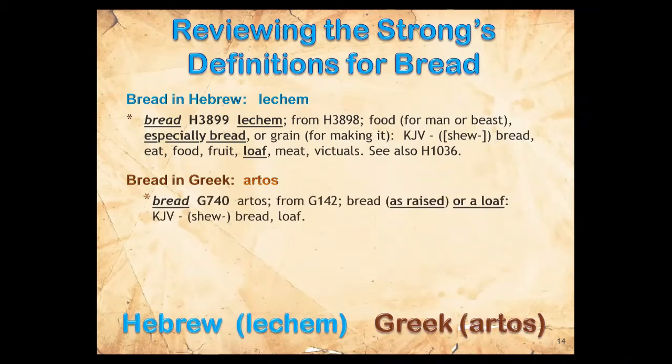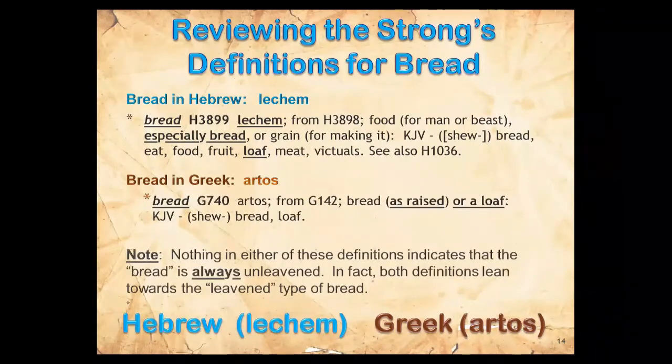It sure sounds like it's got some leaven in it when you look at the Greek. But I want you to note, nothing in either of these definitions in the Hebrew or the Greek indicates that the bread is always unleavened. In fact, both of the definitions can lean towards the leavened type of bread. So it's very, very unclear.